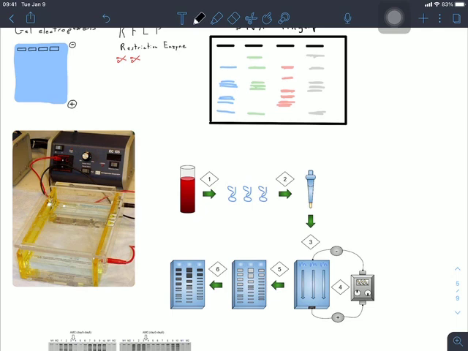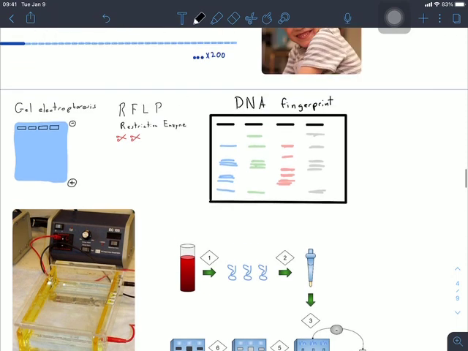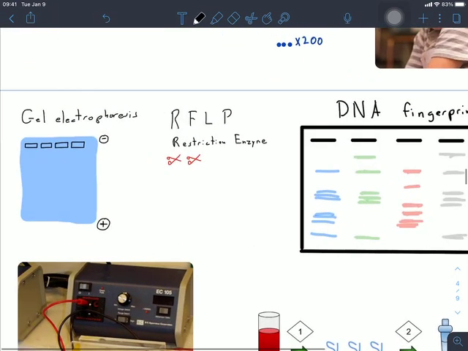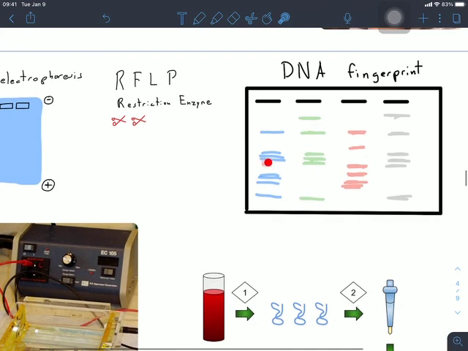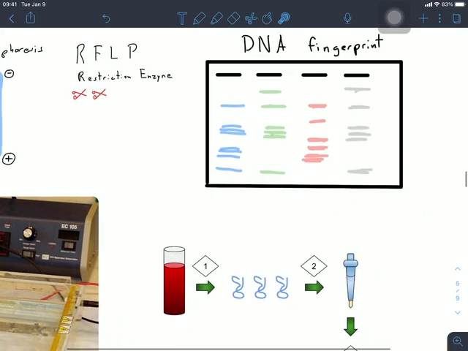You may amplify it by throwing in particular PCR primers and amplify particular regions of the genome that you're interested in. Or you may expose it to a restriction enzyme that's going to cut restriction fragment length polymorphisms to create these patterns in a genome-wide fashion.